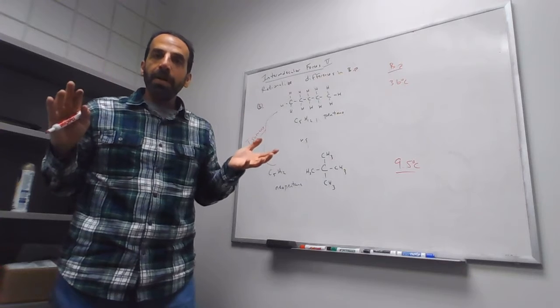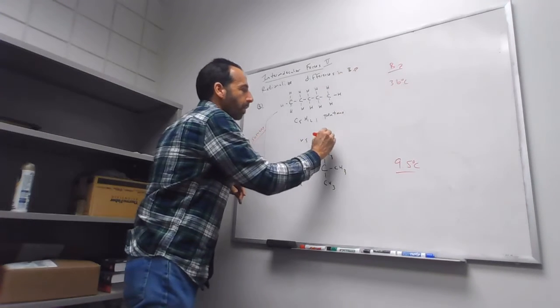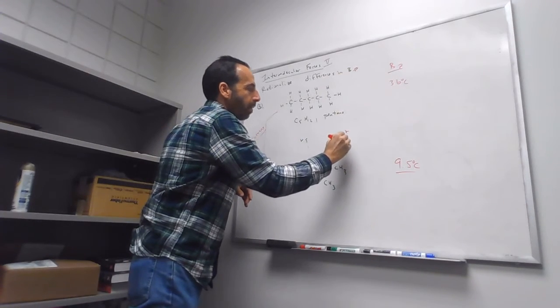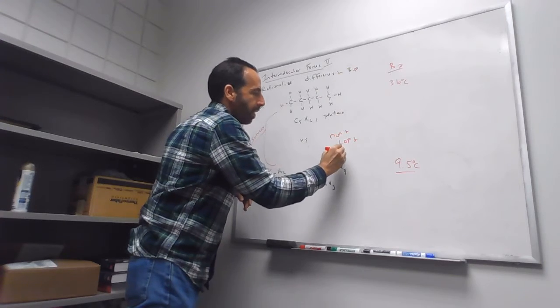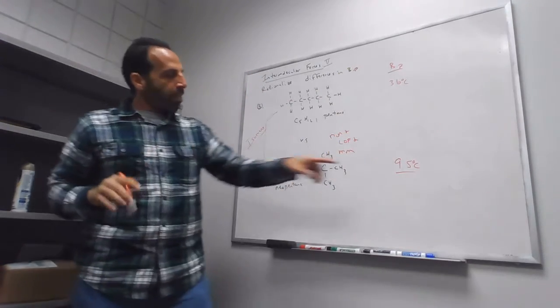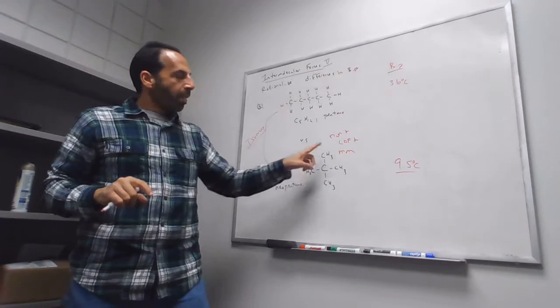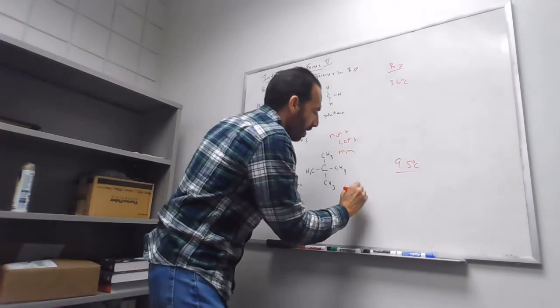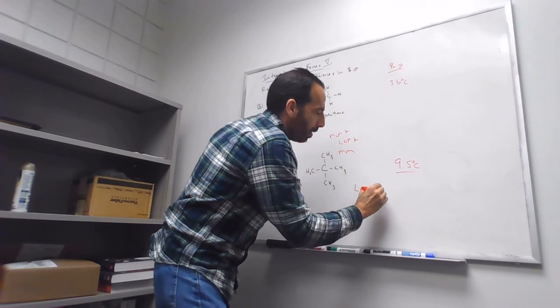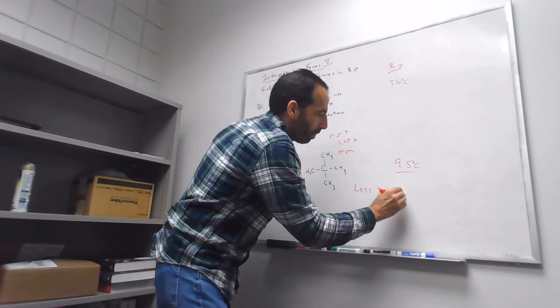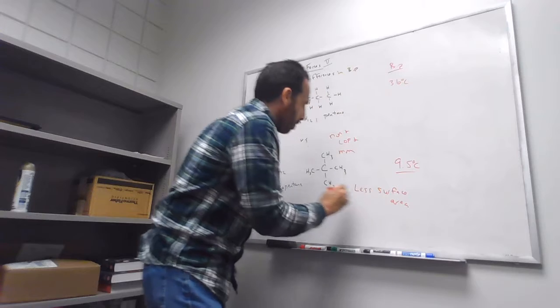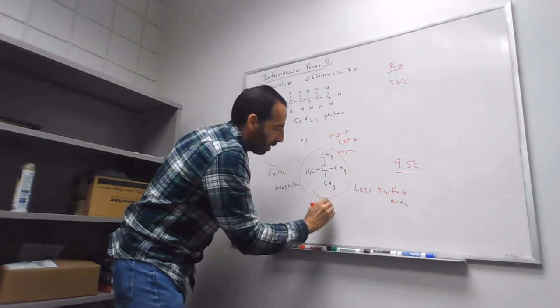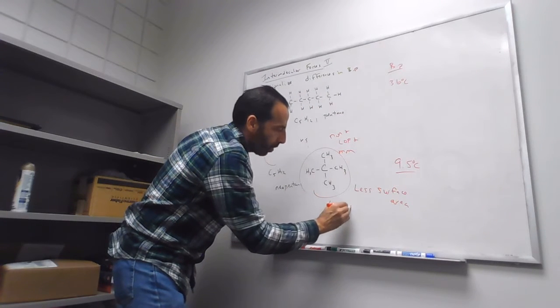So they both have the same LDF forces. They're both nonpolar, with LDF and the same molar mass. Now the reason this is lower has to do with structure. This one right here, because it has kind of a tight structure, has less surface area. I'm going to call this a tight ball structure.